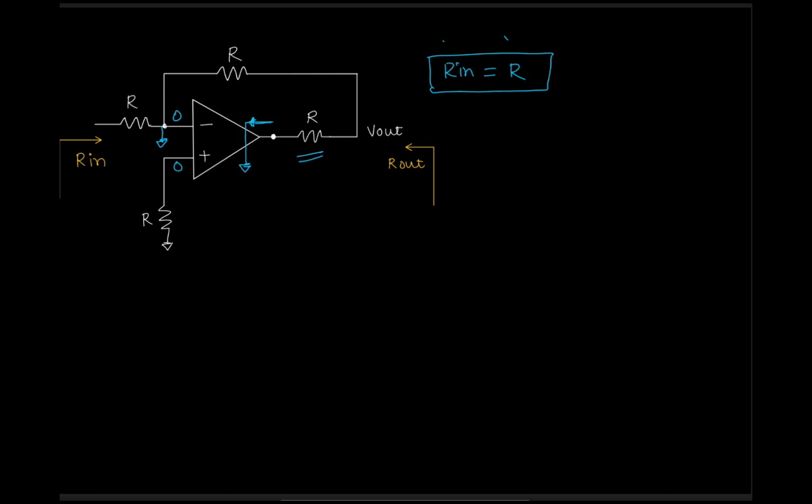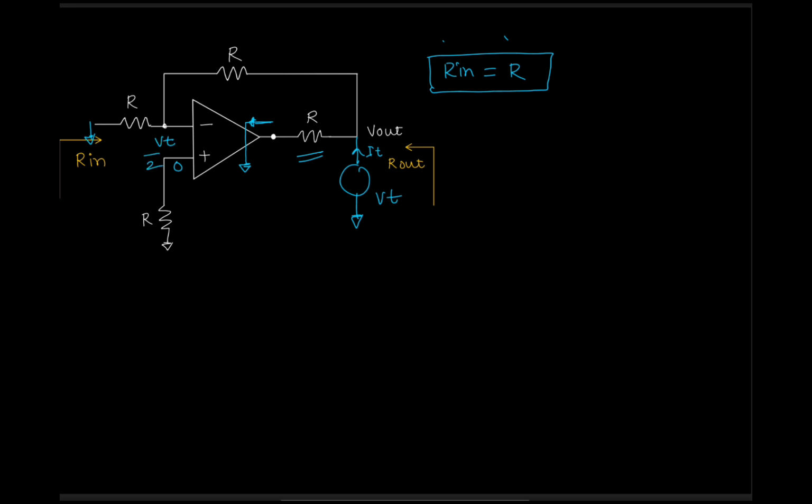Now the earlier way that I told you, connect VT here and calculate the IT. Okay, so this is VT, that means this is grounded. This is VT, that means this is VT by 2.